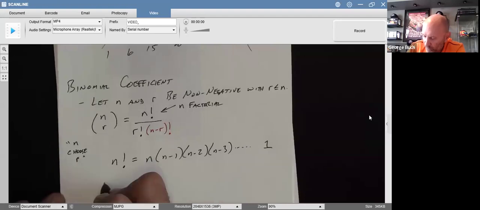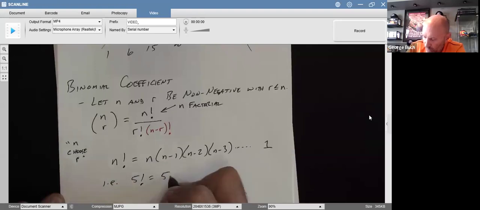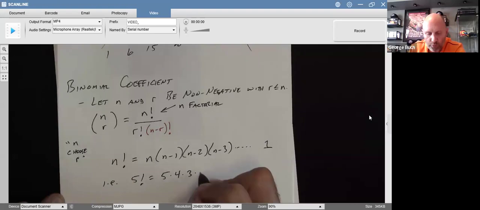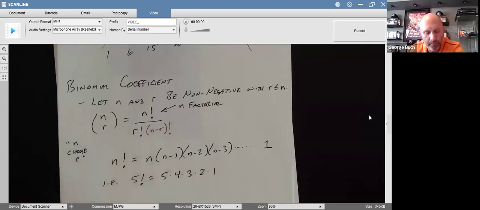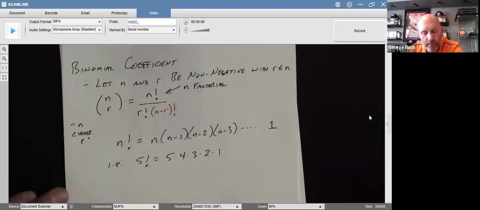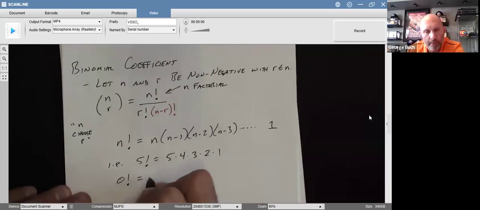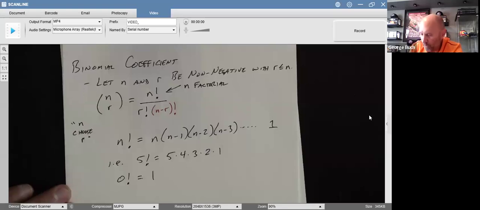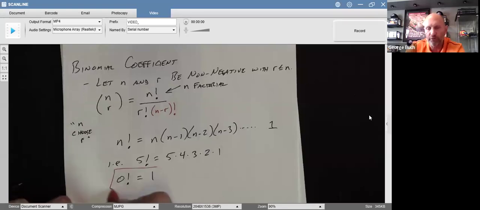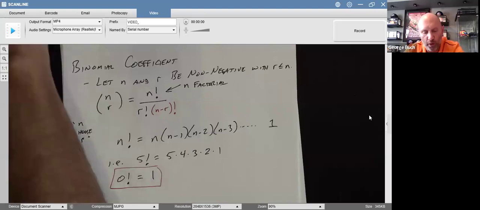So for example, if I have 5 factorial, this means 5 times 4 times 3 times 2 times 1. Special case, if I have 0 factorial, this is equal to 1. You probably have written that in red. Make sure you have that in your notes. When you have 0 factorial, that's equal to 1.